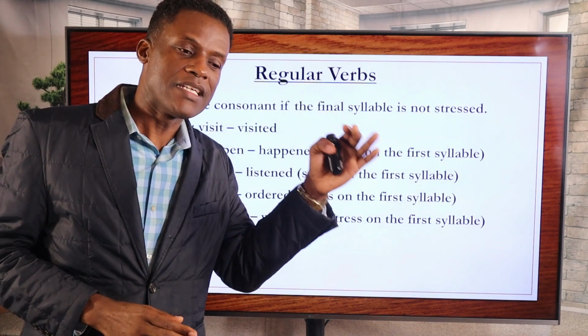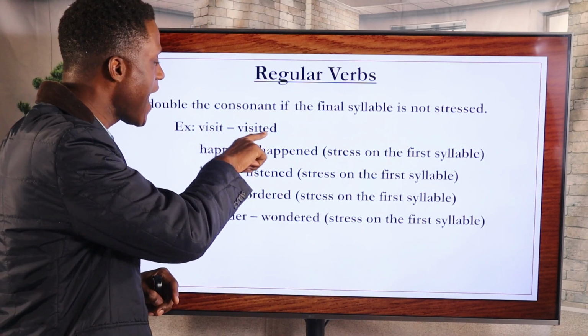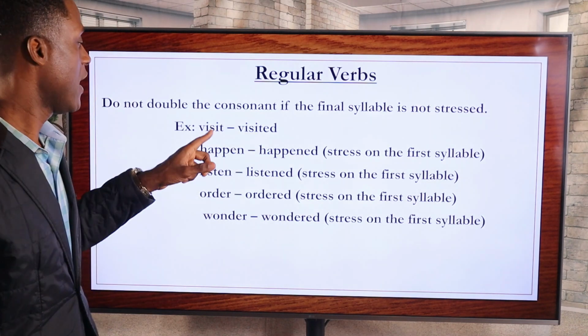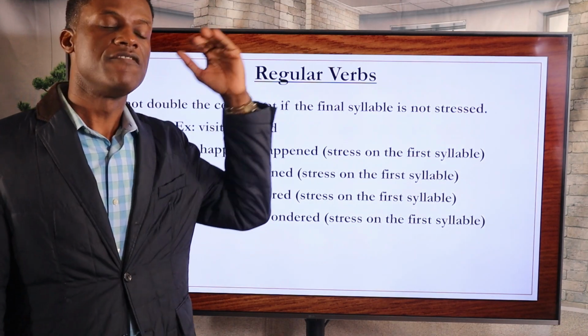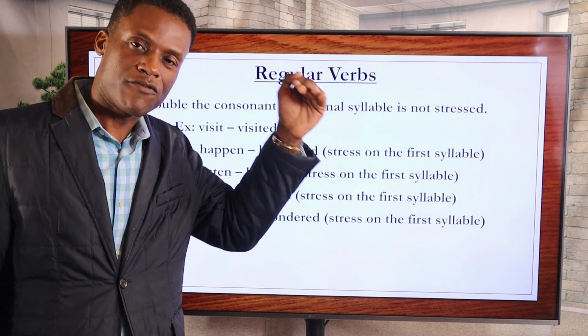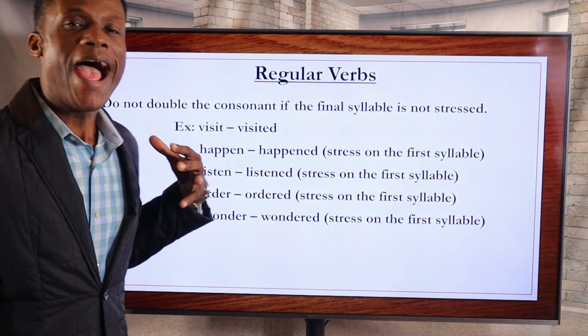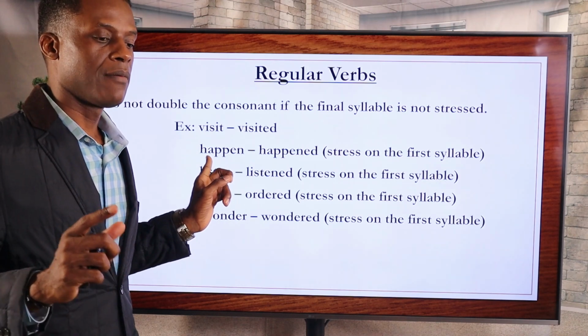So the stress is on the first syllable. Therefore I should not double that consonant before adding ed. All I have to do is just add ed after. Visited. The stress is on the first syllable, not on the second one. Therefore, you should not double the consonant. Happened.